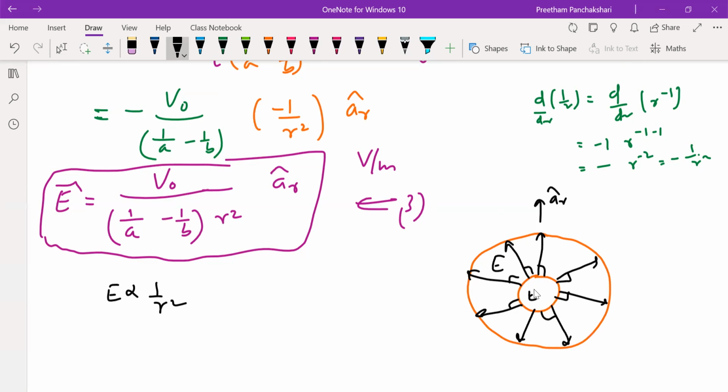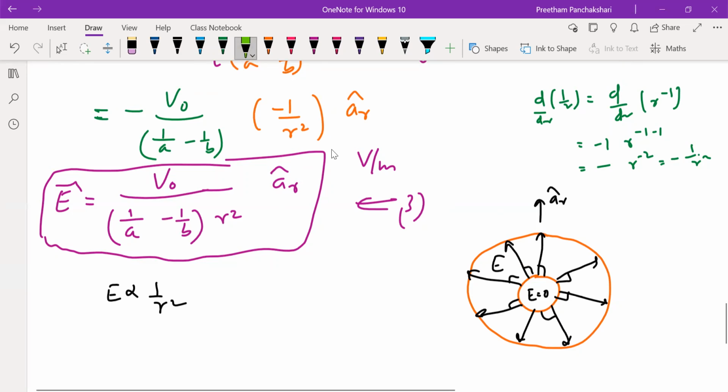Electric field is zero inside the inner sphere. This is already proved in the first module. For a sphere having charges on the surface, the electric flux density D inside the sphere is always zero, so E is also zero, right?